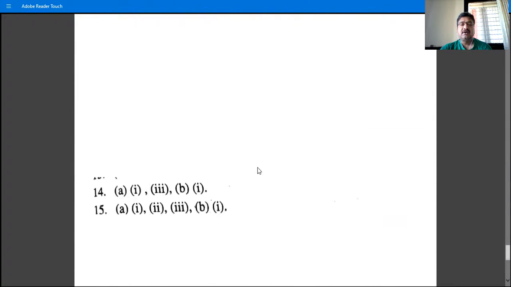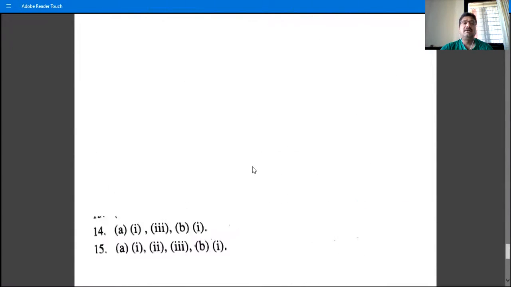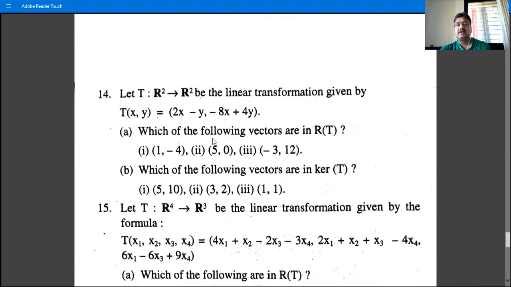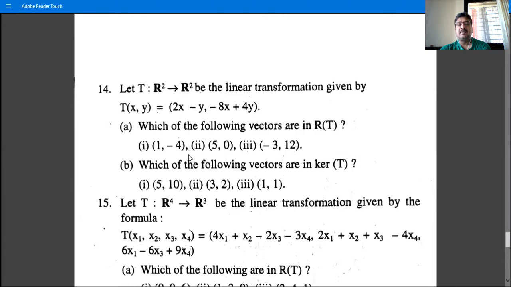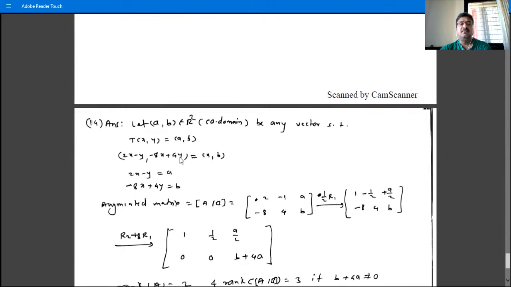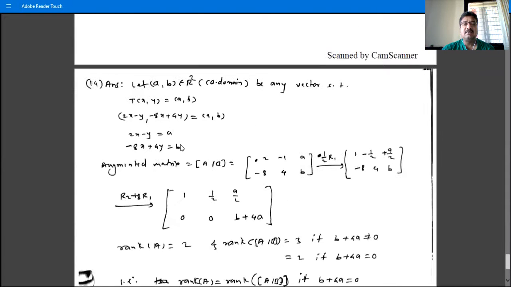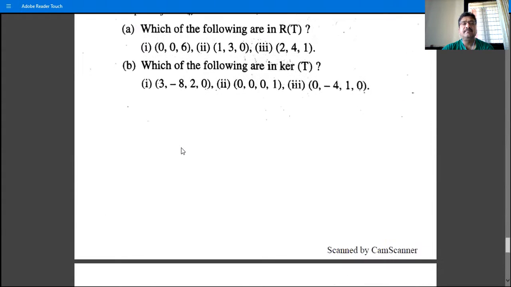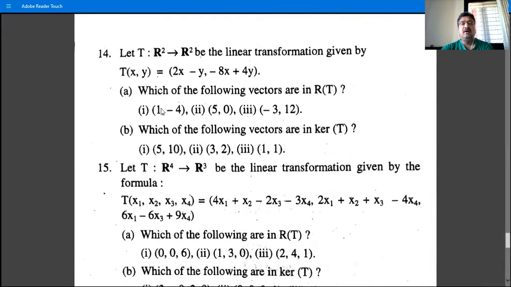The answer to the first problem, number 14: T of (x, y) is (2x minus y, minus 8x plus 4y), and which of the following vectors belongs to the range of T. So find T of (1, -4), that is, substitute x as 1 and y as -4.